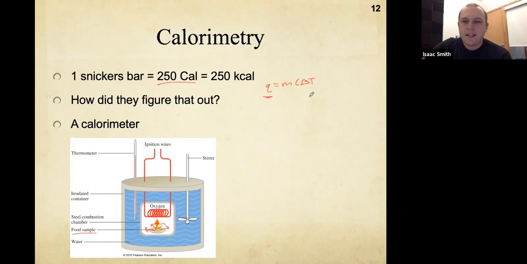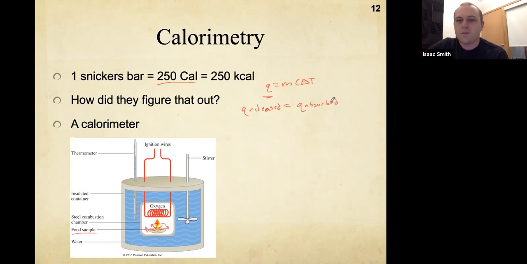But if we say the amount of energy released, so Q released by the Snickers bar, it's all going to go out and go into the water. So that means the amount of energy released by the Snickers bar is the amount of energy absorbed by the water.